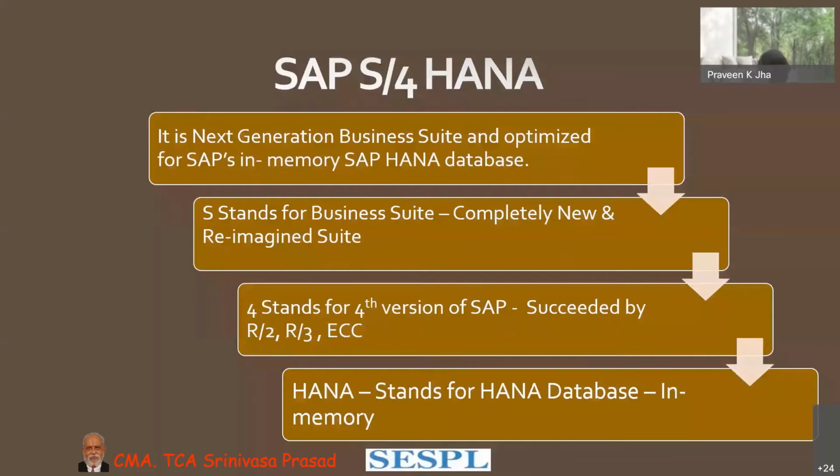Totals and indexes are all calculated on the fly, and all the data is stored in memory. That's why the system is much faster, and the response time is much faster than the ECC system.